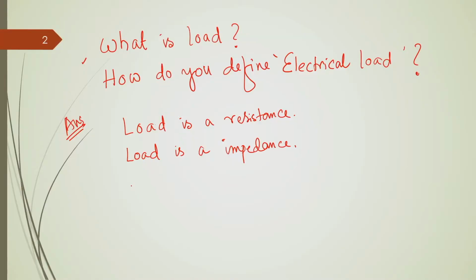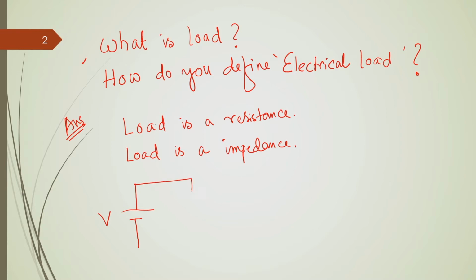Suppose I have a battery, a constant voltage source whose voltage is V, and now I have a variable resistance or rheostat.